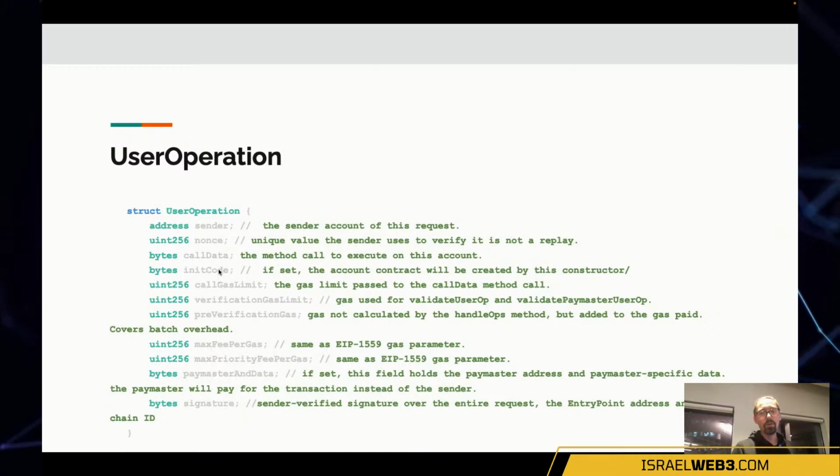It has an init code that can create the smart contract live for you if you don't have one. And some verification limits that you need. So basically, user op is about abstracting the transaction on Ethereum. The whole concept of the ERC is: how can I take the stuff that works on Ethereum and create my own flow for it that will work for contracts.